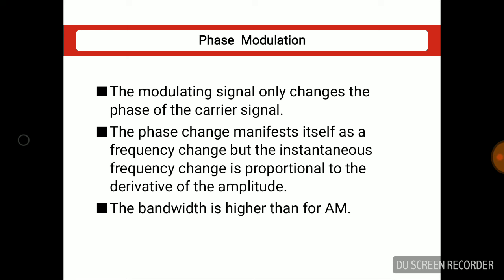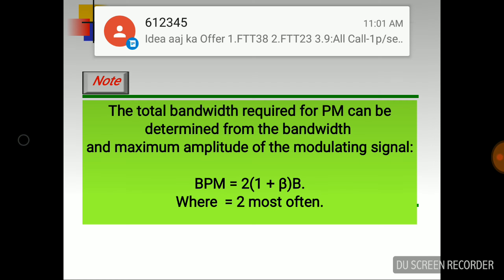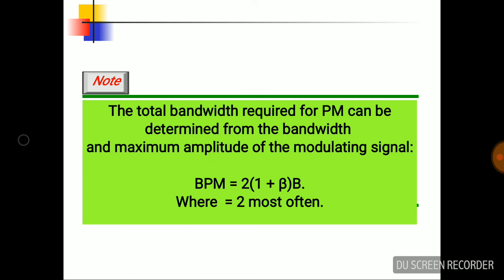The instantaneous frequency change is proportional to the derivative of the amplitude. The bandwidth is higher than for AM. The bandwidth in this process is 2 times beta times V.